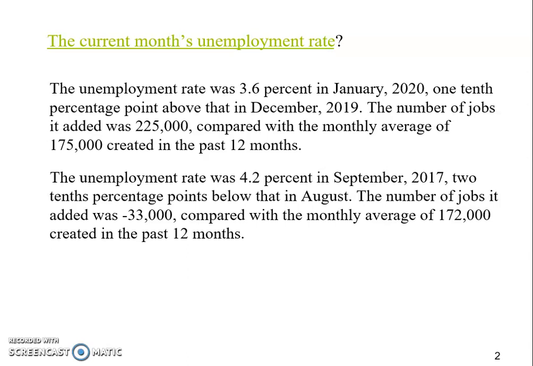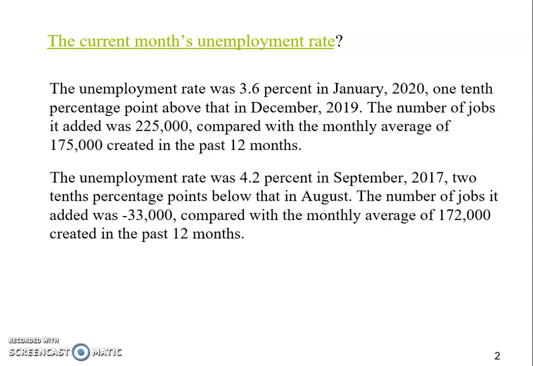Here it says the unemployment rate was 4.2% in September 2017, 0.2 percentage points below that in August. In other words, the unemployment rate tells us that the economy did better in September 2017 than August, a month earlier.